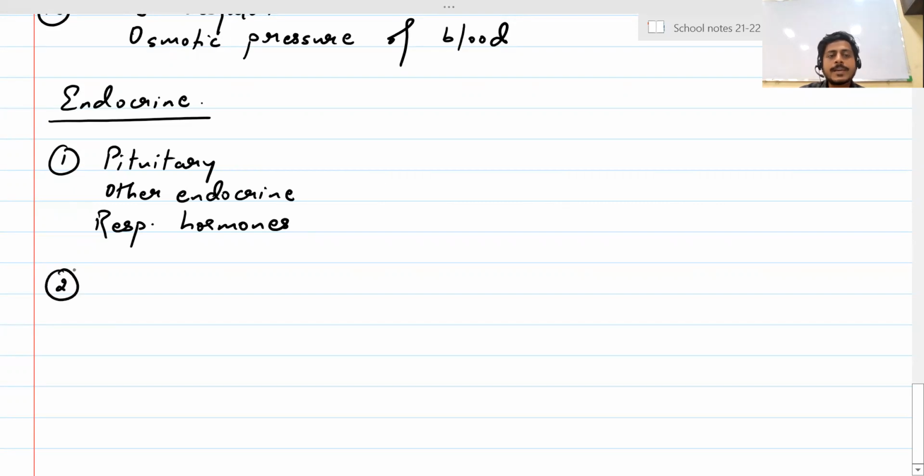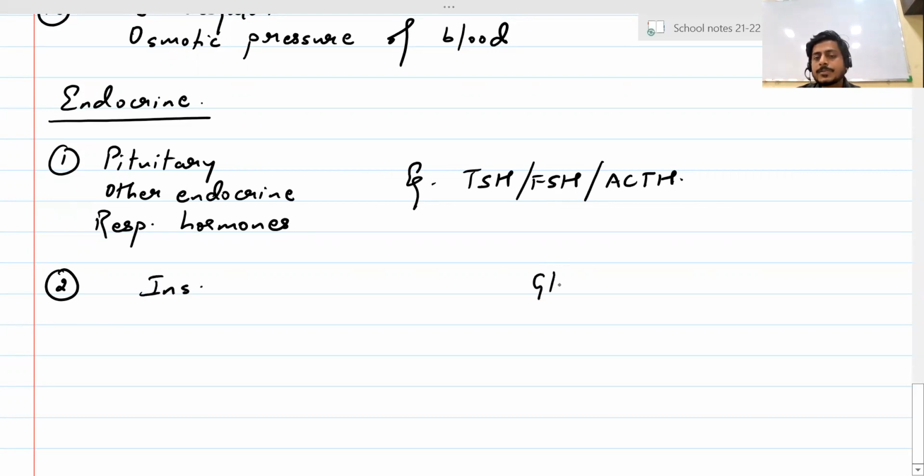Examples also, if you want: TSH is an example, FSH is an example, all your gonadotropins are examples, ACTH is an example, adrenocorticotropic hormone. The second one that we had written for endocrine for today was to distinguish between the function of insulin and glucagon. So remember, one will increase and the other will decrease.